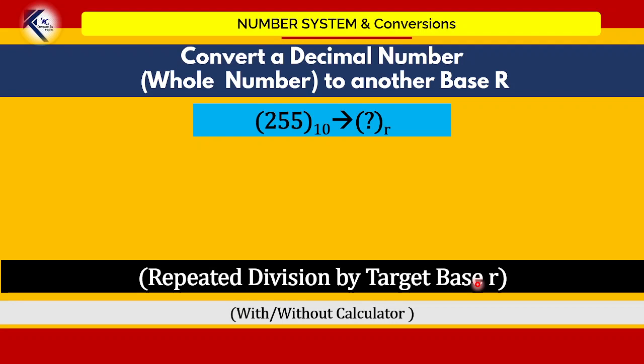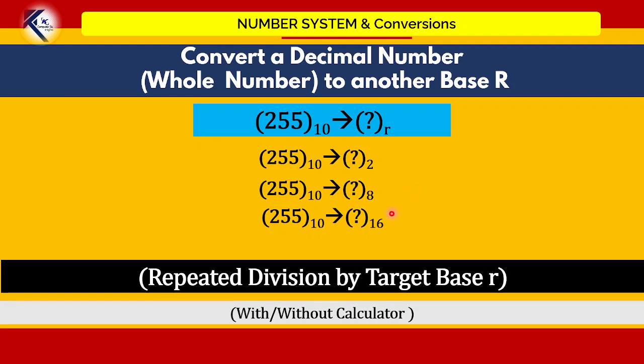What is meant by target base? In this case, we want to convert this decimal number into its binary equivalent, so our target base is 2. In this case, our target base is 8 because we want to find the octal equivalent. Here our target base is 16 because the target is basically to find the hexadecimal equivalent. Here this number 497 will be converted into base 5.